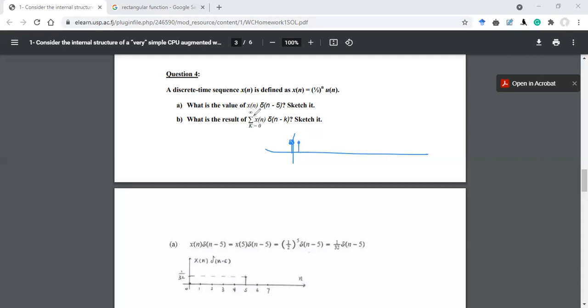And then k is equal to 2, it shifts again, and all of these have an amplitude of 1, and it keeps on going. So basically you can rewrite this whole summation as u of n.